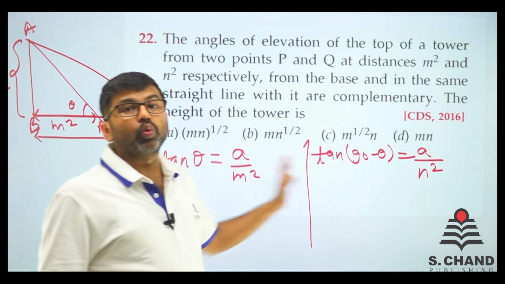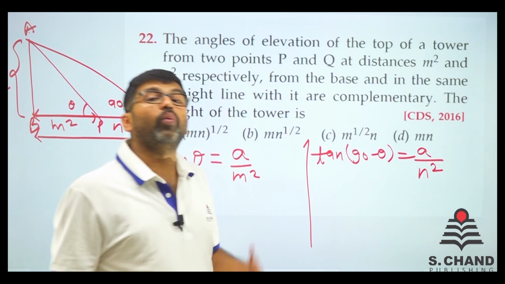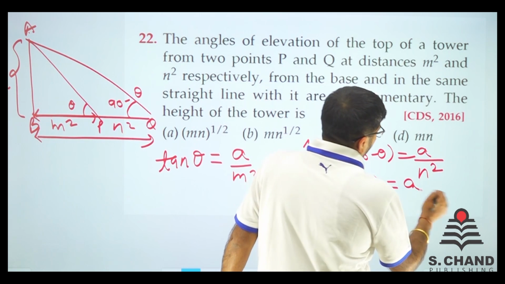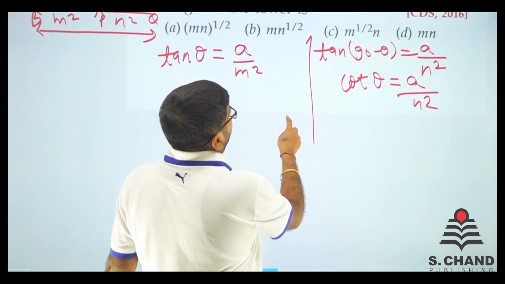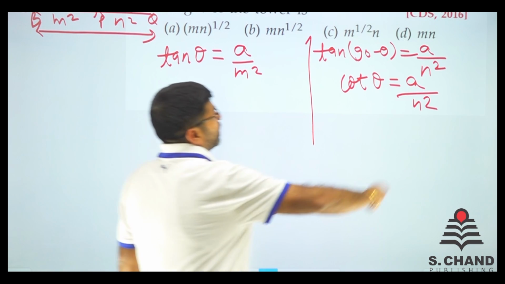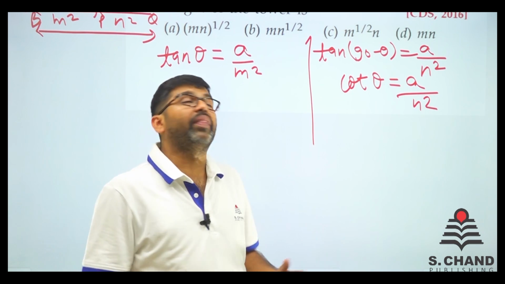So we have two things with us. See, tan 90 minus theta is always cot theta. So cot theta becomes A by n square. We have two different equations. This is equation first, this is equation second. Let's multiply both the equations, left side with left side and right side with right side.